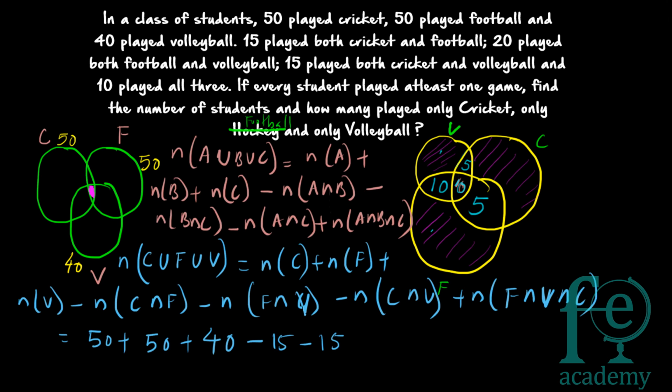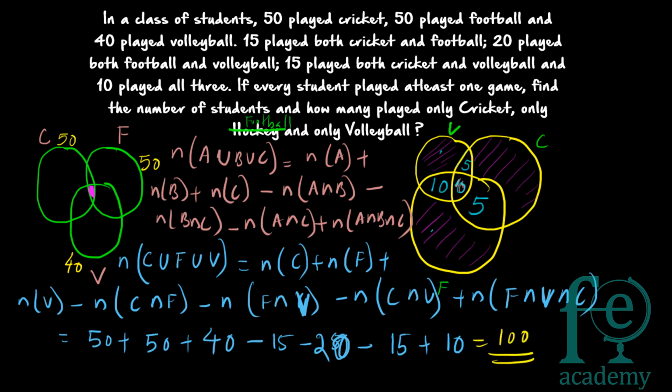Now for football and volleyball, sorry, it is equal to 20. So minus 20, minus cricket and volleyball, again 15, plus 10 in all three. So 50 plus 50 plus 40 minus 15 minus 20 minus 15 plus 10 gives you 100. So 100 students are there in total.